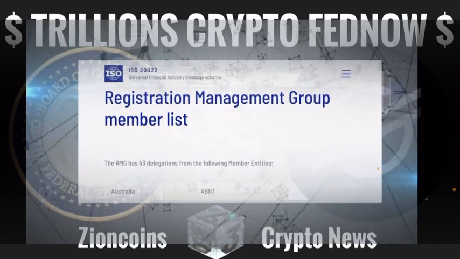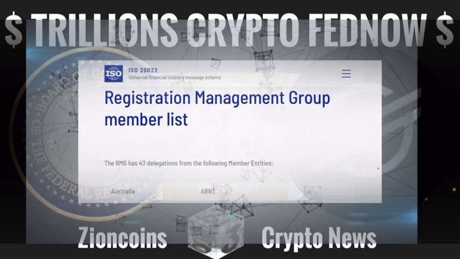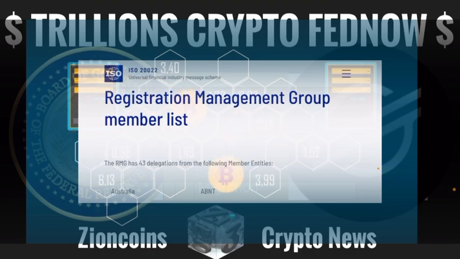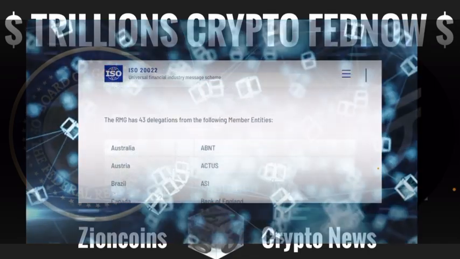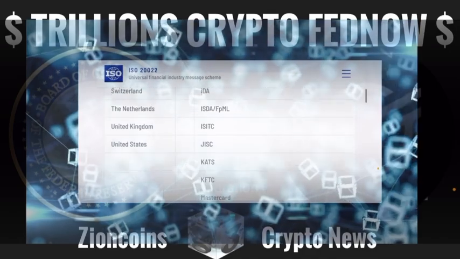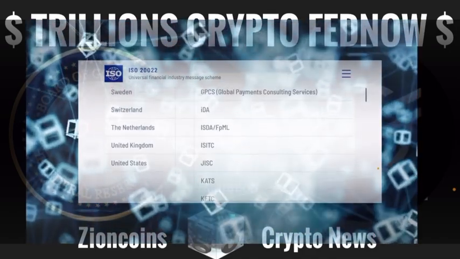All of the delegates of this joint committee have registered with the RMG, the Registration Management Group. It has 43 delegations from the following member entities. So you've got the countries and their codes, and you can see all the different jurisdictions here.